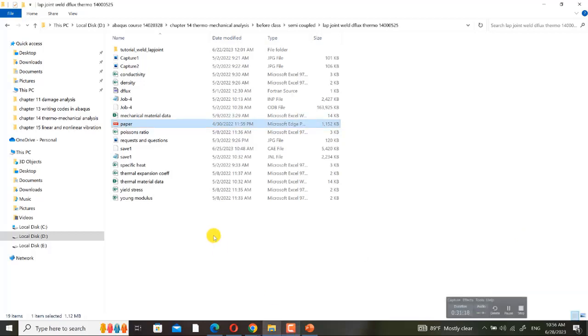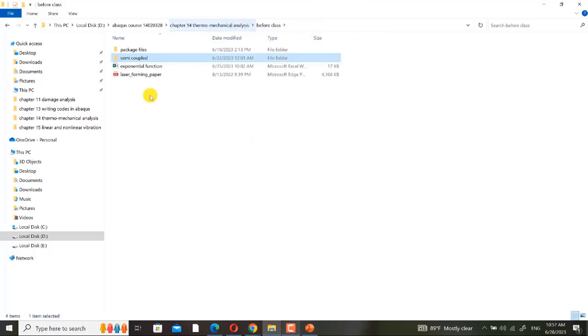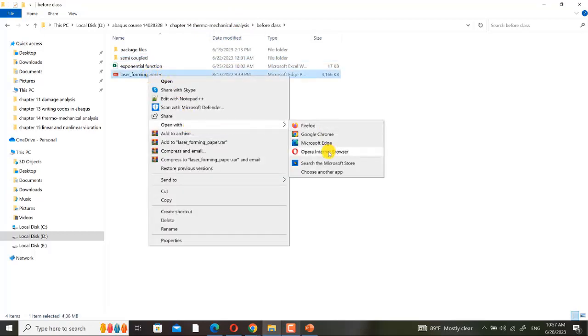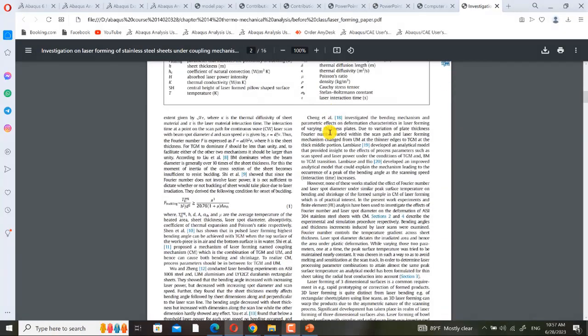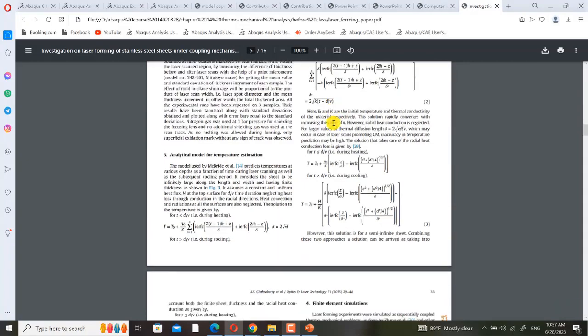Here I also want to show you another paper. It is about laser forming. We apply laser to a plate and then it bends.